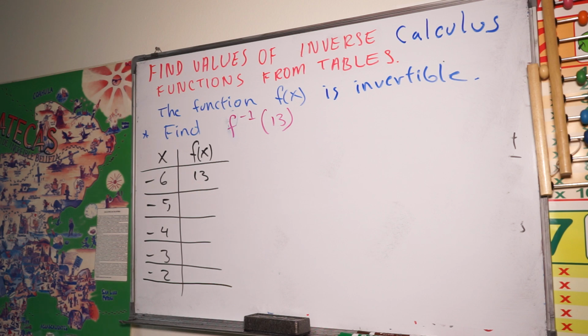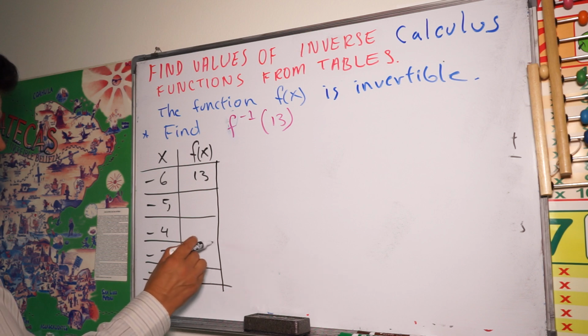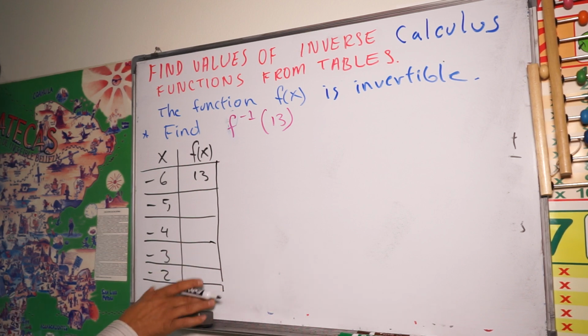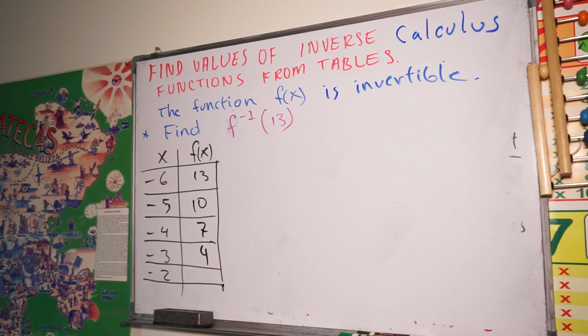All these values. This is the little table. 13, 10, 7, 4, and 1.